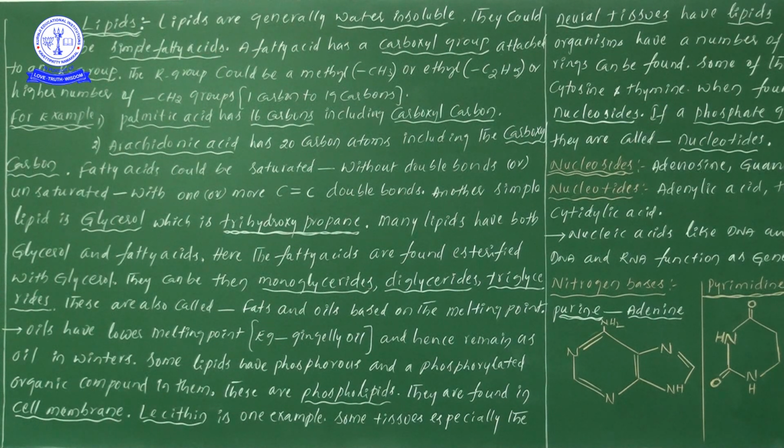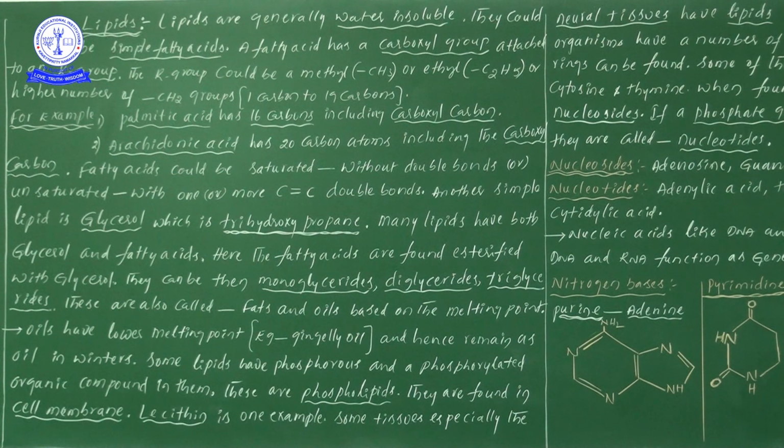So these lipids we will definitely consider as simple fatty acids. A fatty acid may have one carboxylic group, and this carboxyl group is attached to an R group.